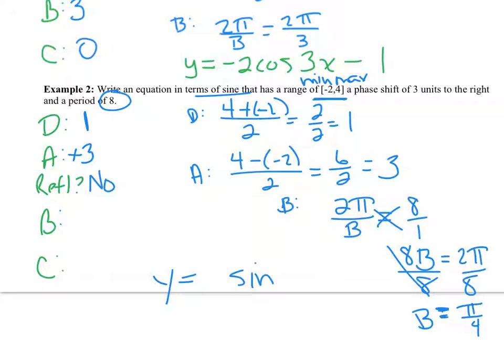And then it says it's shifted 3 units to the right. Remember, when we move to the right, it's minus c, so in this case, minus 3. So plugging these things in, A goes first, so that's 3, then B, pi over 4, then x, then C, plus D.